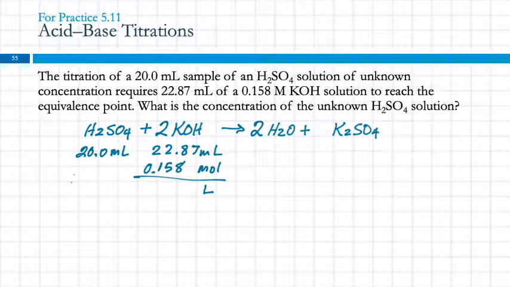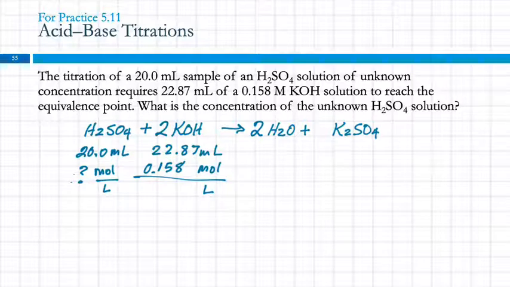And don't write capital M. It's an abbreviation. Write what it means, moles per liter. And what am I trying to find? Concentration of the H2SO4. So that's going to be molarity.